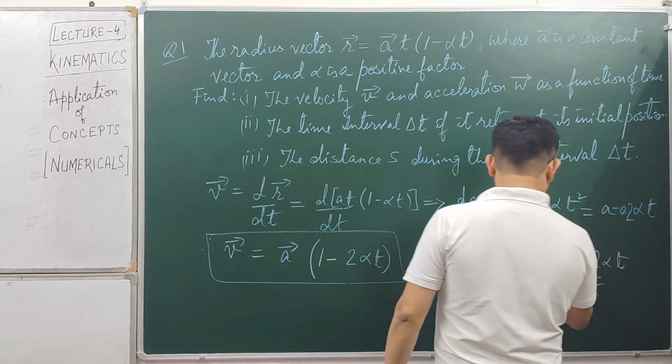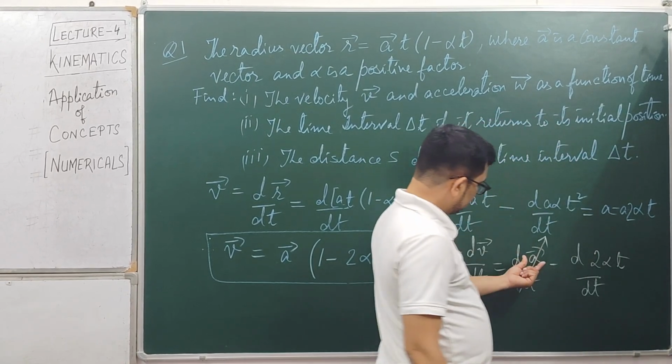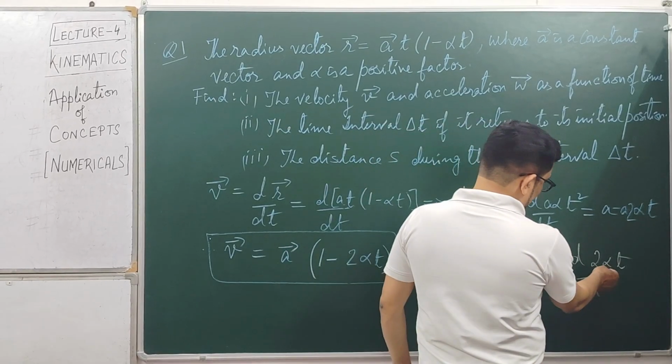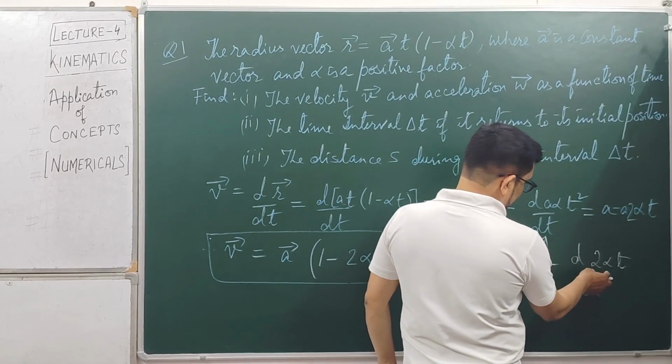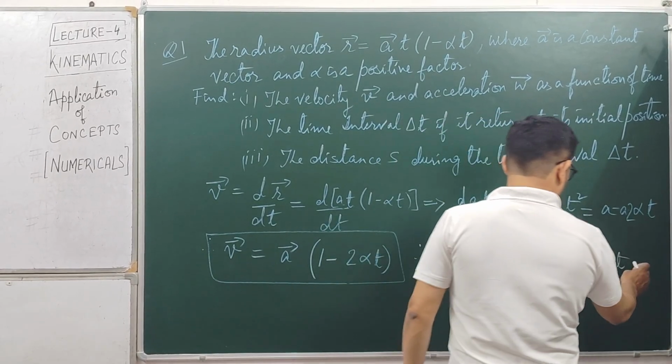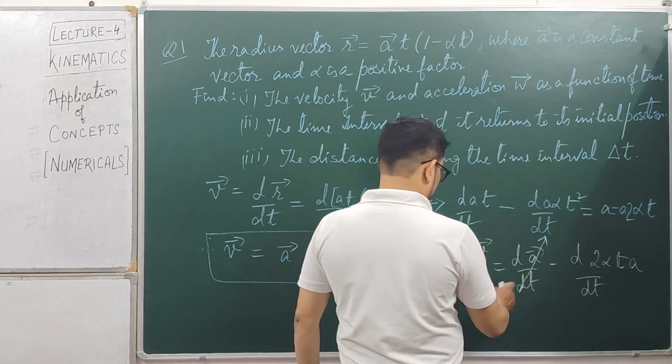So this goes to 0, since differentiating any constant gives 0, and this comes out to be minus 2 alpha, and a also comes when you open the bracket.